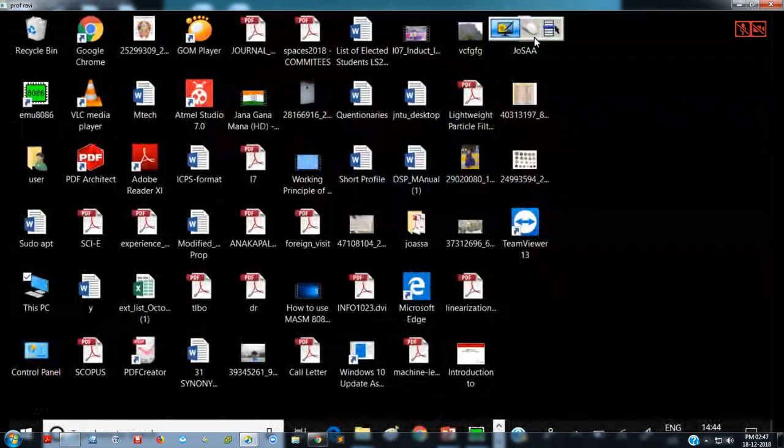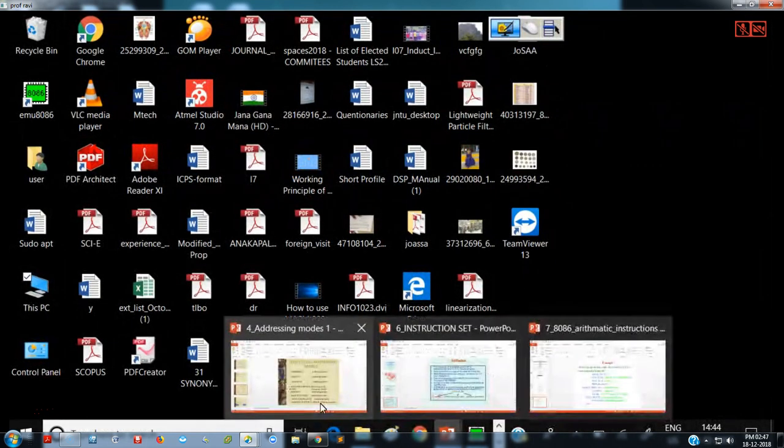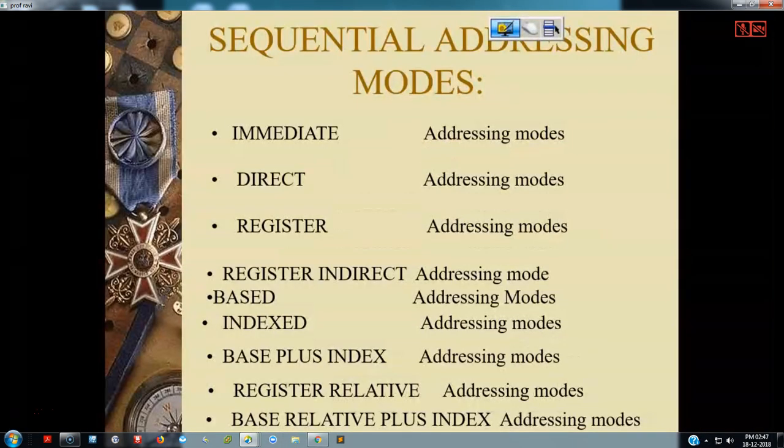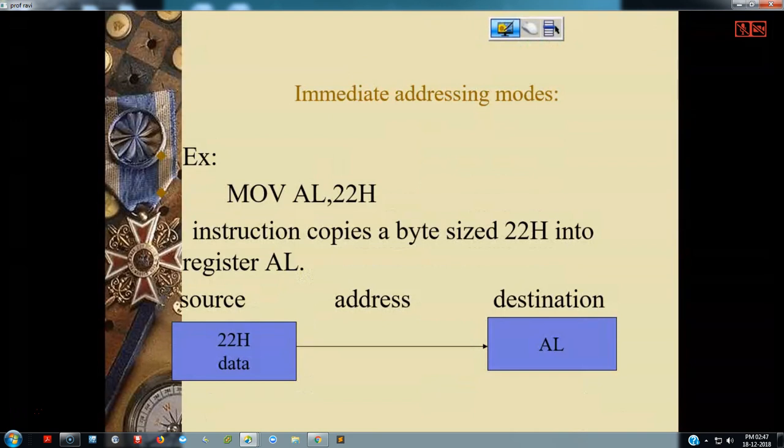All right. So now let us go ahead with what this immediate addressing mode is and what the syntax looks like. Take an example, MOV AL, 22. This 22 is the source, the data that has to be moved to the destination.